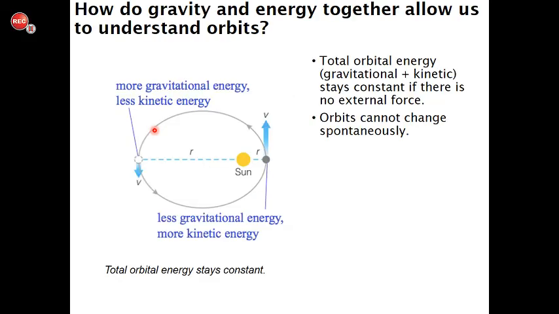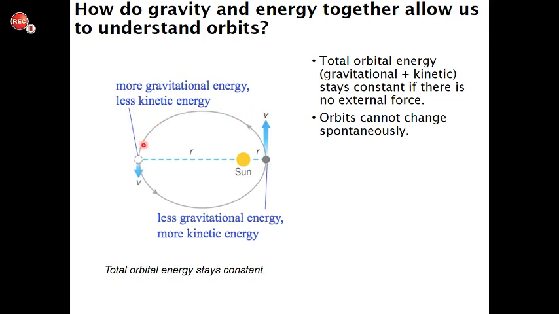So orbits, we talked about orbits being a conservation of angular momentum, but they're also a conservation of energy. All the things are conserved at once. It's not one and then the other. So when we talk about an object near the sun, it has high kinetic energy because it's going fast.